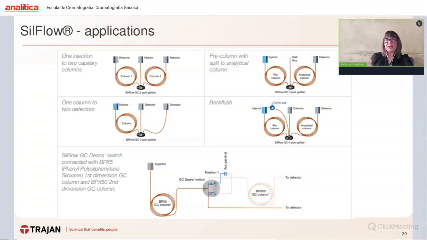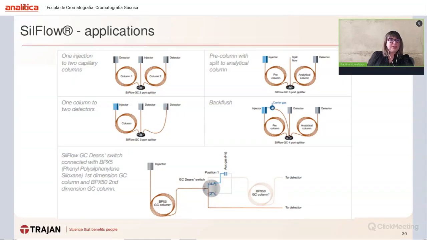We can inject our sample. The sample can go through the pre-column, and then the signal can be split, and part of the sample can go into split vent or analytical column, and this will provide us a solution for overloading the column in case we are not able to inject a lower volume of the sample.